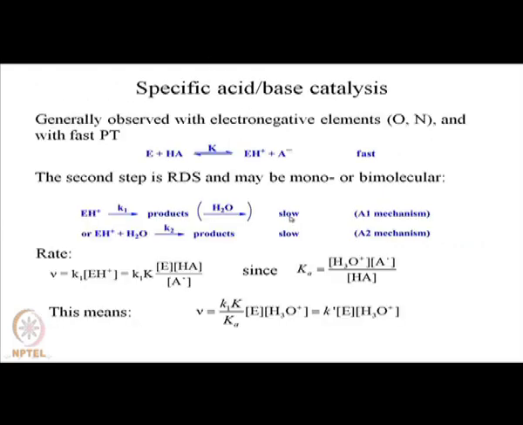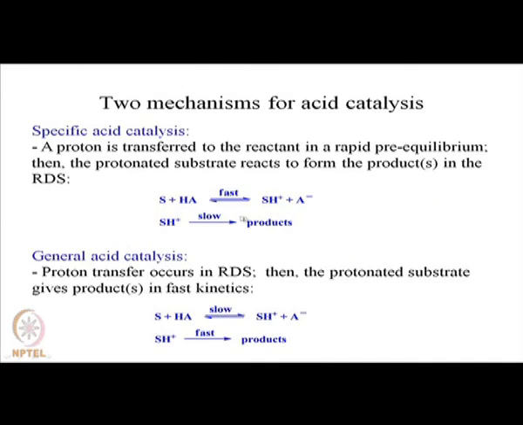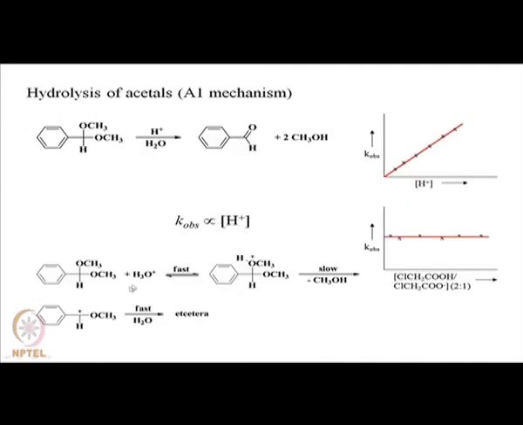So, this is the A1 mechanism. A1 mechanism means first pre-equilibrium followed by slow decomposition to your products. So, in presence of acid, here protonation takes place and then the reaction proceeds like this.